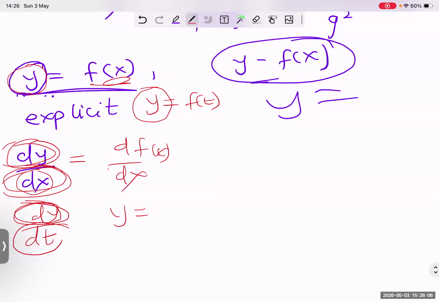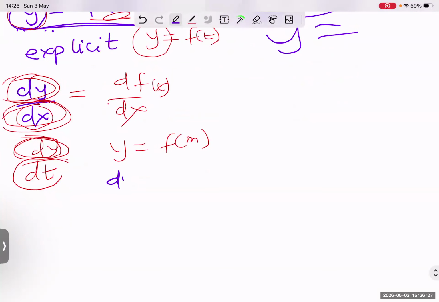If we had y is equal to f of m, then to differentiate this, y has been clearly stated. So there is an explicit definition for y. Therefore, we use explicit differentiation, meaning differentiate the y.